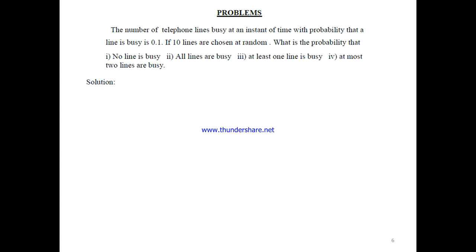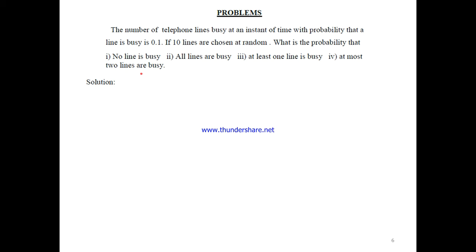Since we have only two possible outcomes, the trial is a binomial trial, and we can solve the problem by using the binomial distribution. In this problem, we are trying to find the probability that no line is busy, all the lines are busy, at least one line is busy, at most two lines are busy. All these terms are related to the line being busy.